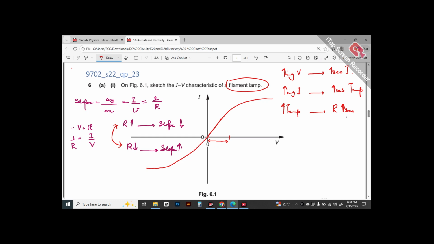And this increase in resistance is reflected by a decrease in slope, because we had agreed that the slope represents the inverse of resistance.